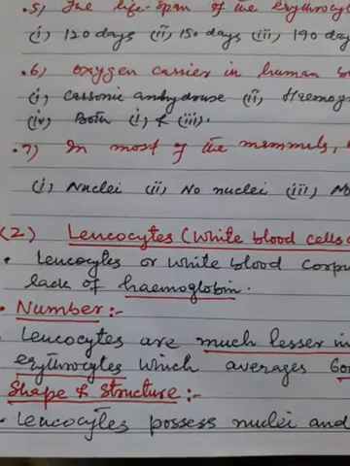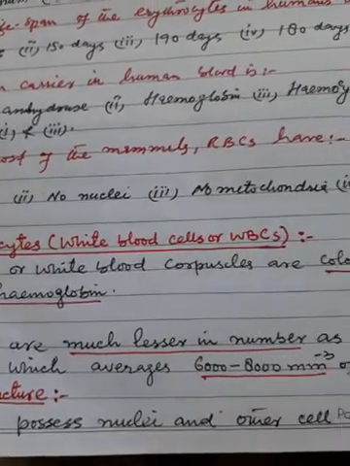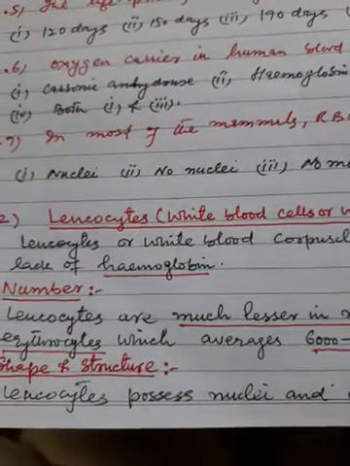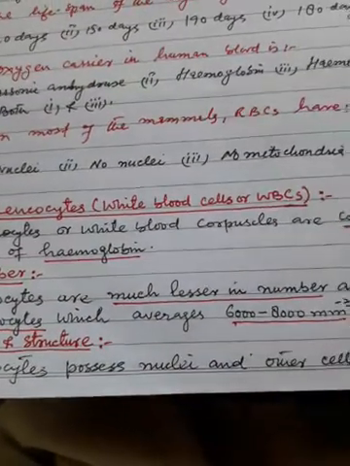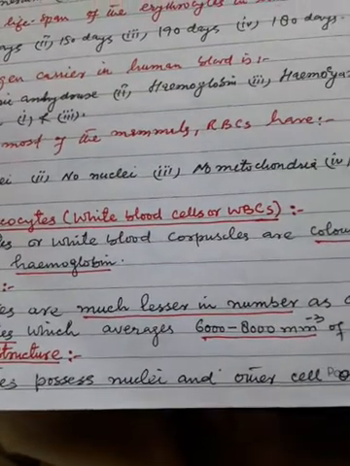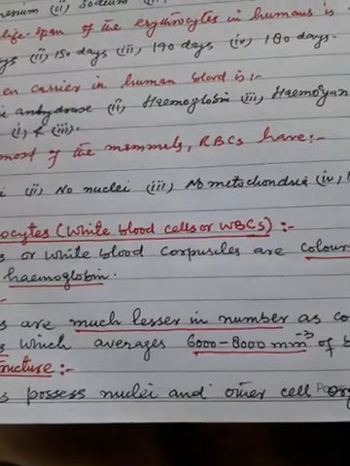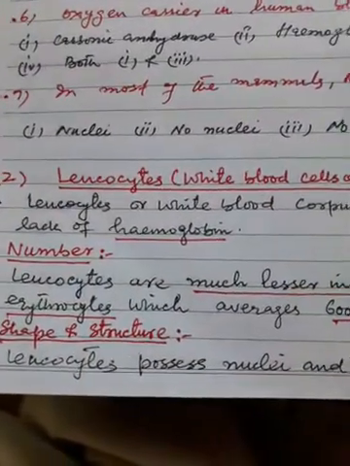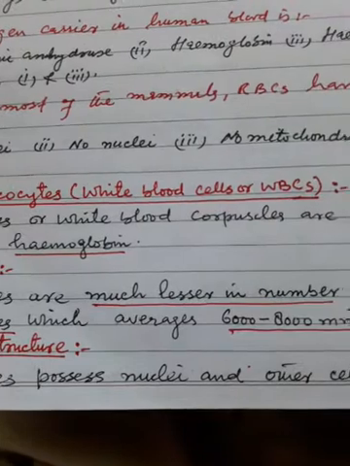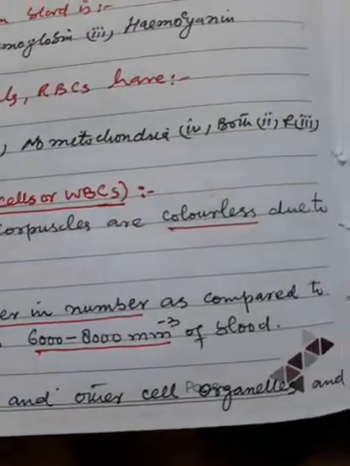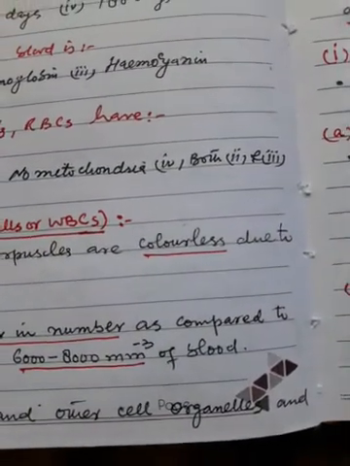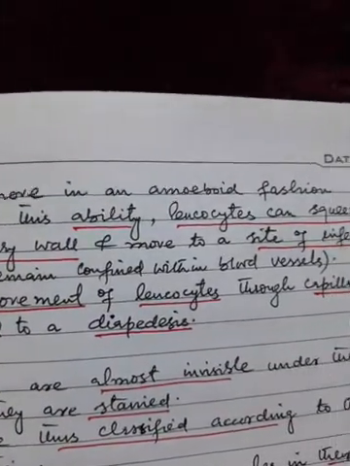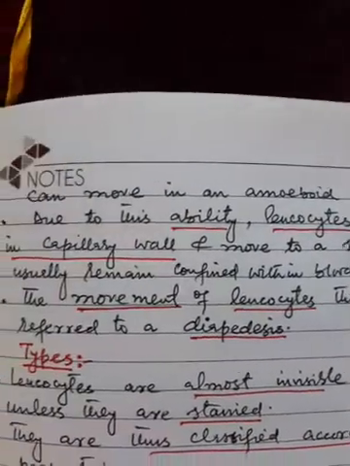Number. Leukocytes are much lesser in number as compared to erythrocytes, which averages 6,000 to 8,000 per millimeter cube of blood. Shape and structure. Leukocytes possess nuclei and other cell organelles and can move in an amoeboid fashion.